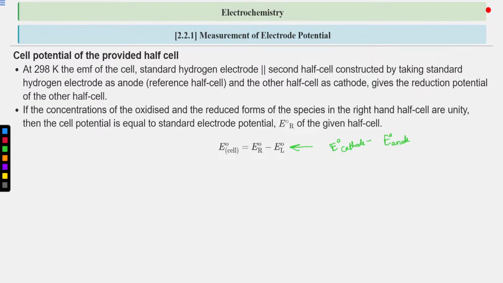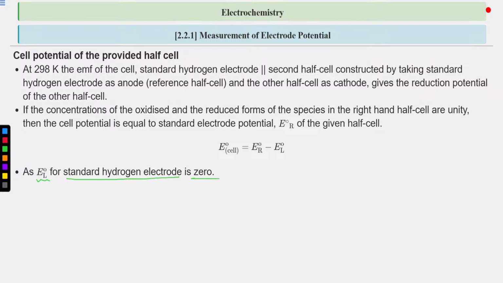So R and L we are using because we are just considering here that this will act as cathode, this will act as anode without any reaction. So that's why we are writing R and L. So E naught of cell is defined as E naught R minus E naught of L. Now, as the E naught of L for standard hydrogen electrode is 0, L representing left hand side, the left hand side from salt bridge is standard hydrogen electrode, whose potential we just have discussed will be equal to 0, right?